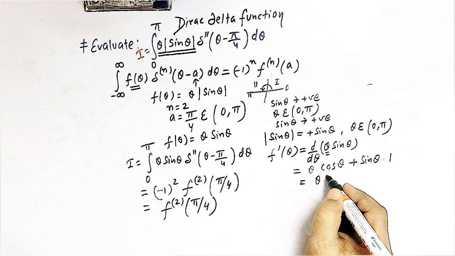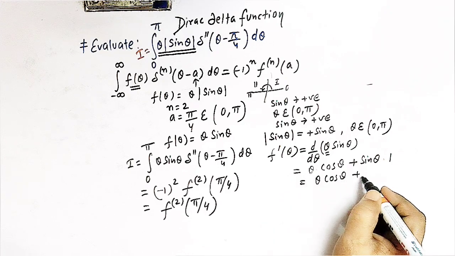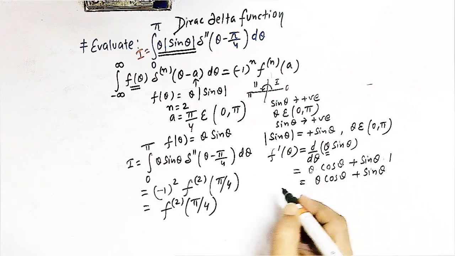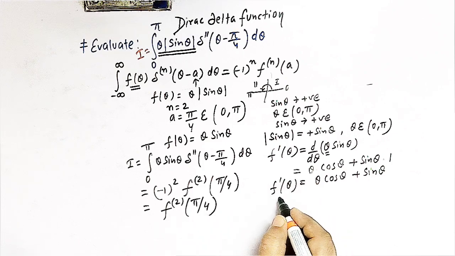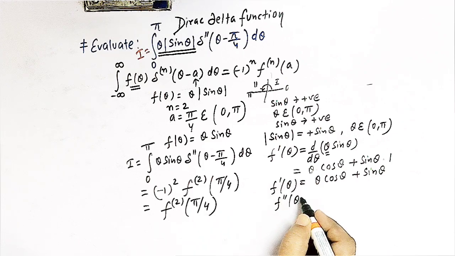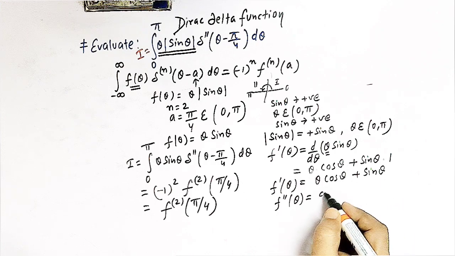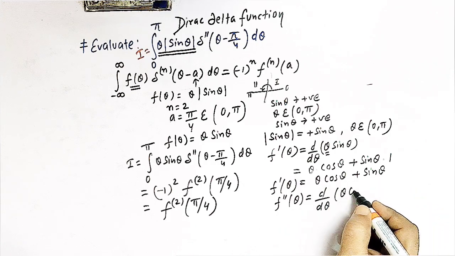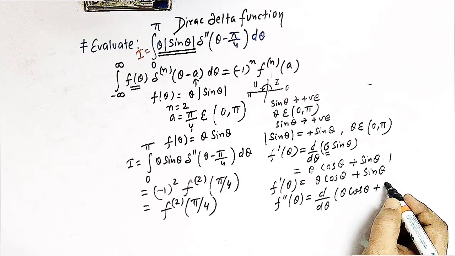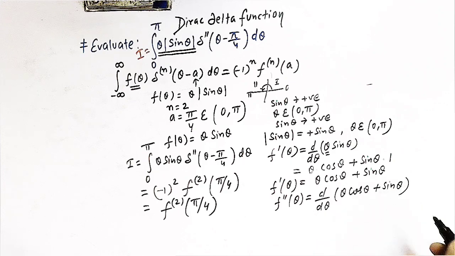So we have theta cos theta plus sine theta. Now see, here we require the second derivative. So the second derivative is obtained by differentiating this function, that is theta cos theta plus sine theta.